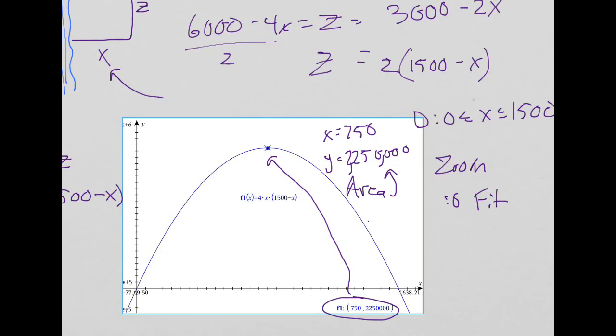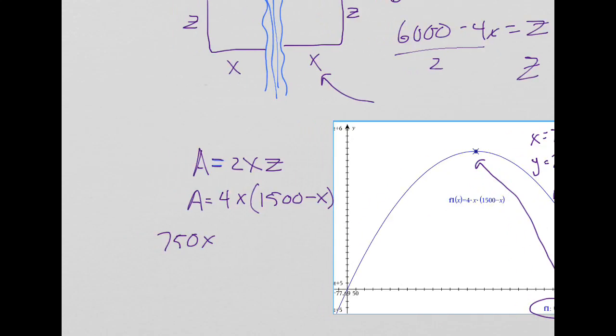So 1,500 minus 750 is 750. 750 times 2 is 1,500. So we got 750 times 1,500 for the dimensions of just one of these areas.